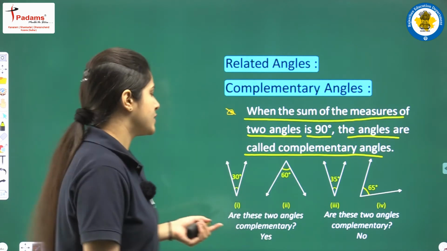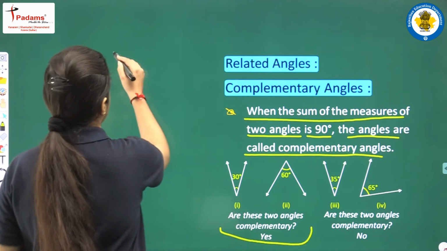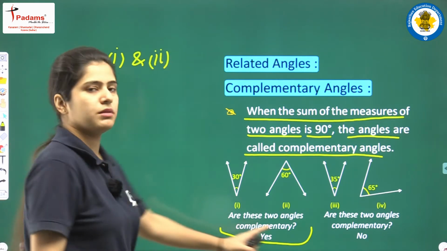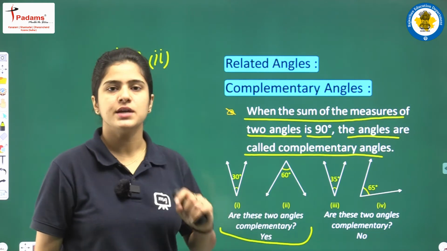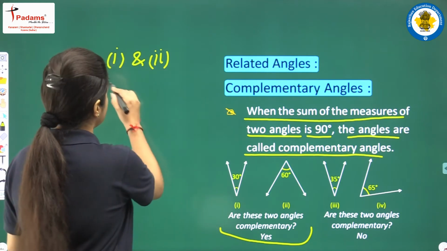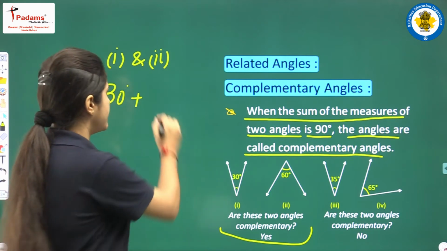So firstly have a look. This is first and second. Look at 1 and 2 carefully and tell me whether the angles are complementary angles or not. The first angle is 30 degrees and the second angle is 60 degrees, right?